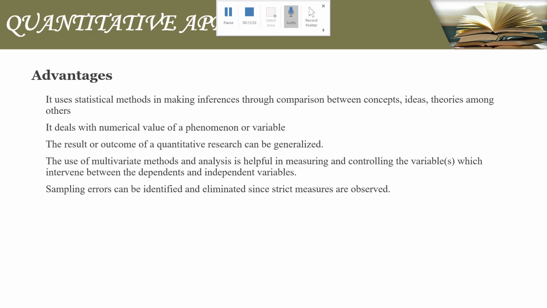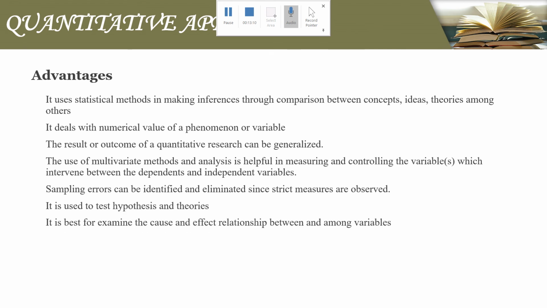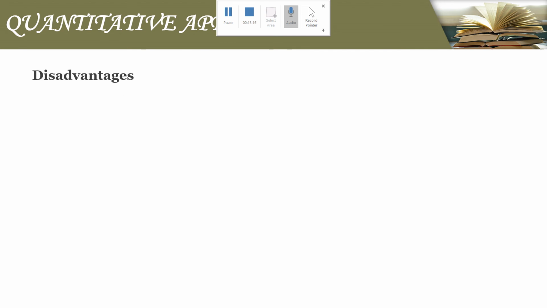Here, because quantitative approach goes with probability sampling techniques, you'll be able to calculate the sampling error and fix it. It is useful to test hypotheses and theories. It is best for examining the cause and effect relationship between and among variables.